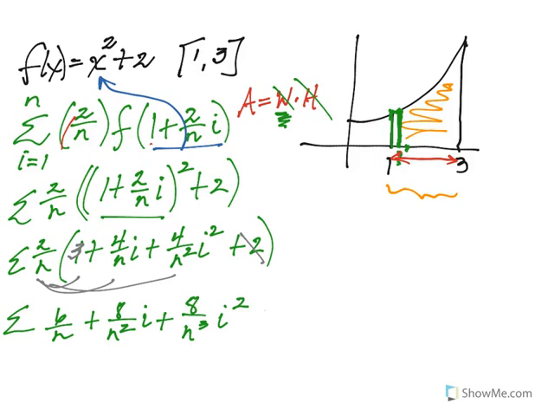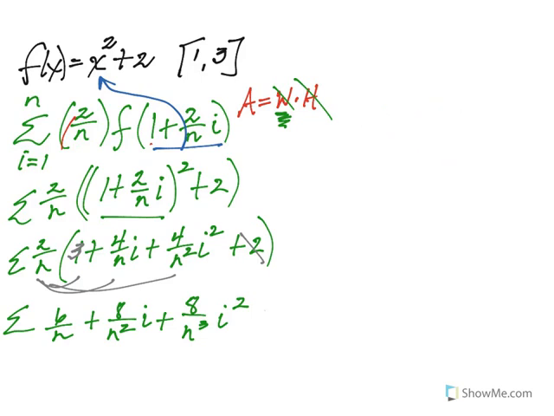And now what I want to do is break all of them up. And while I'm at it, I'm going to pull through all the constants. So this turns out to be 1 over n times the sum of 6, plus 8 over n squared times the sum of i, plus 8 over n cubed times the sum of i squared.